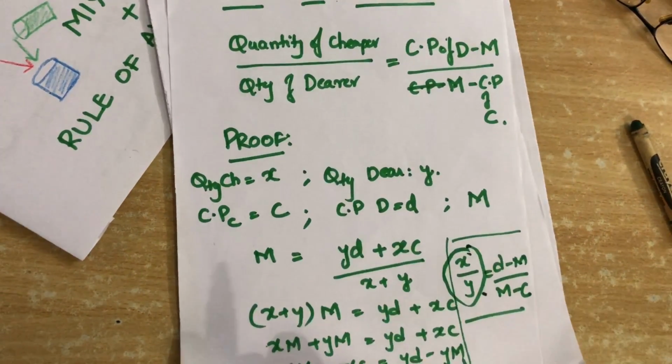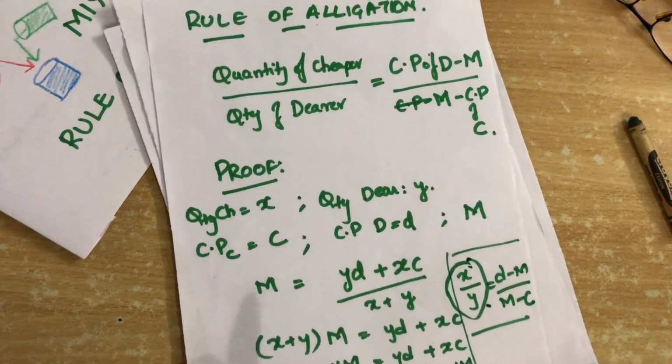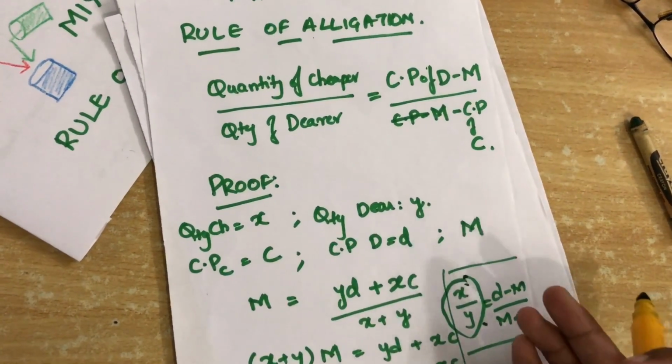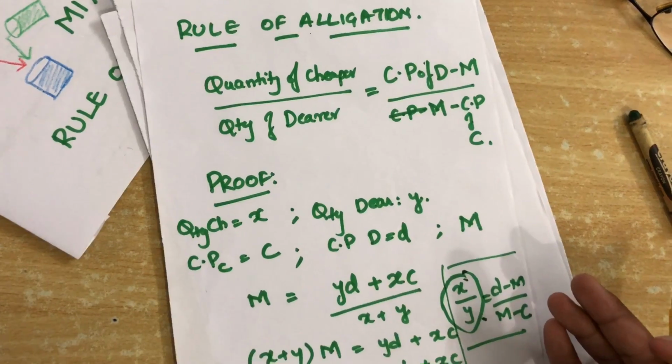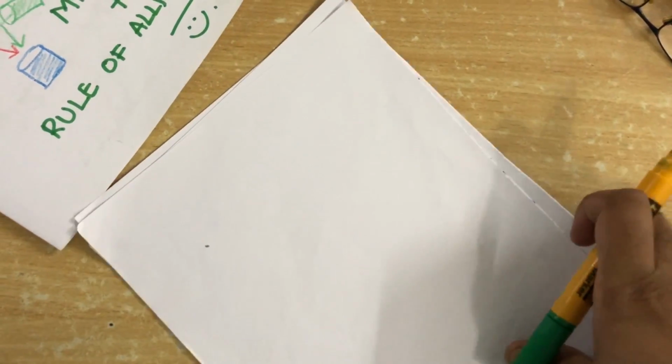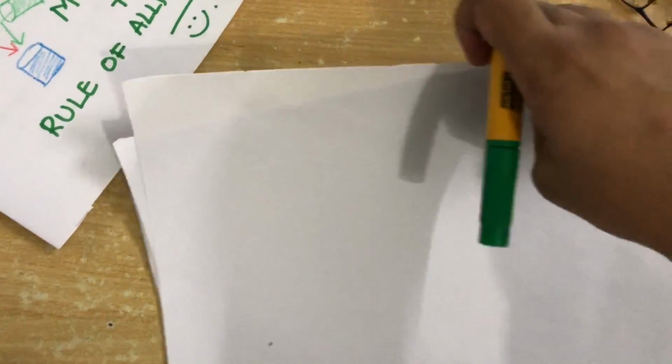So let us start with an example to prove how helpful this is for mixing quantities in specific ratios. So I will start with a basic example.